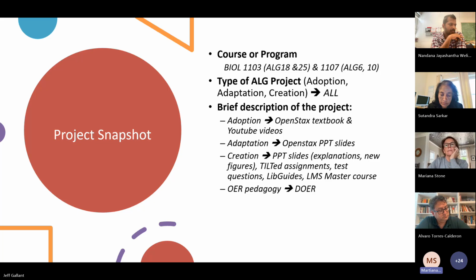For adaptation, I used the PowerPoint slides that OpenStax provides with the pictures and figures. For creation, I added explanations for all those pictures and figures, and sometimes I make new drawings and figures and insert those too.